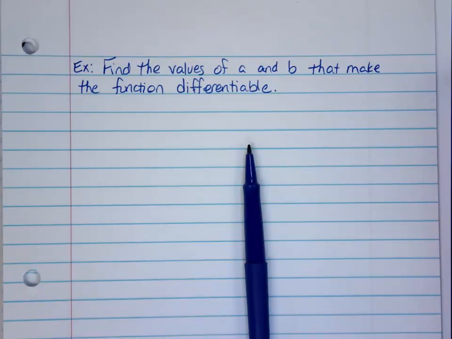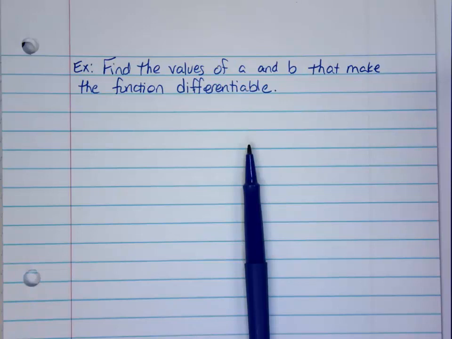You guys took a continuity quiz a few weeks ago, and the last question on the bottom of that quiz gave you a function with A's in it, and you had to solve for the A or the C or something to find what value would make it continuous. Do you remember that? Okay, we're doing something similar to that, but in this case, we're going to have two variables.